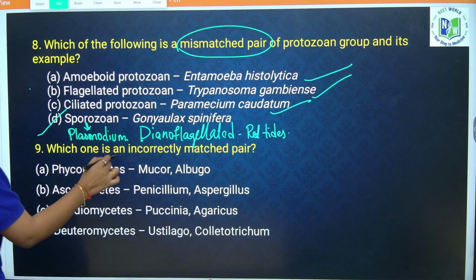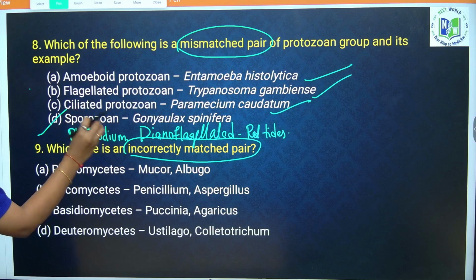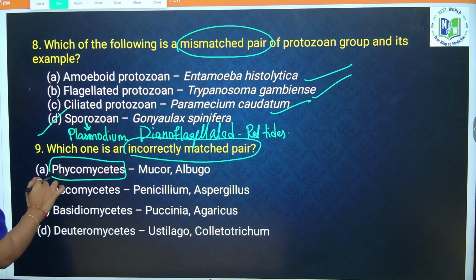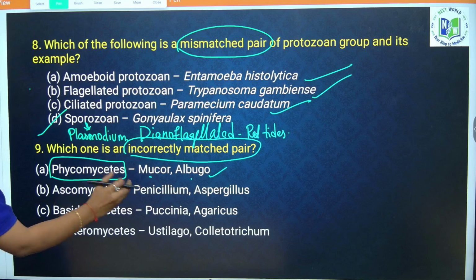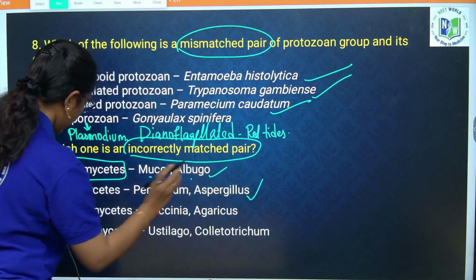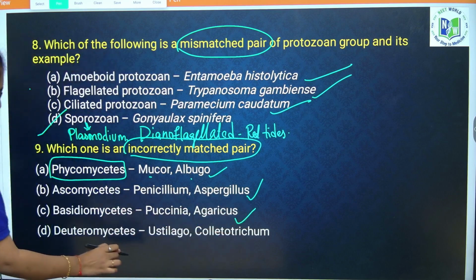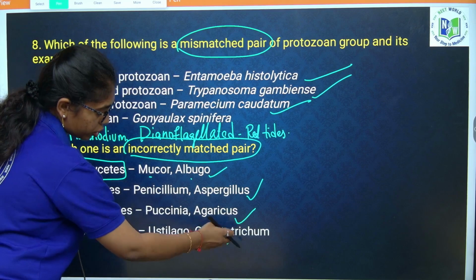Which one of the following is an incorrectly matched pair? Look properly, correct or incorrect. Phycomycetes, Mucor and Albugo, true. Ascomycetes, Penicillium and Aspergillus, correct. Basidiomycetes, Puccinia and Agaricus, true. Deuteromycetes, Ustilago, Colletotrichum.